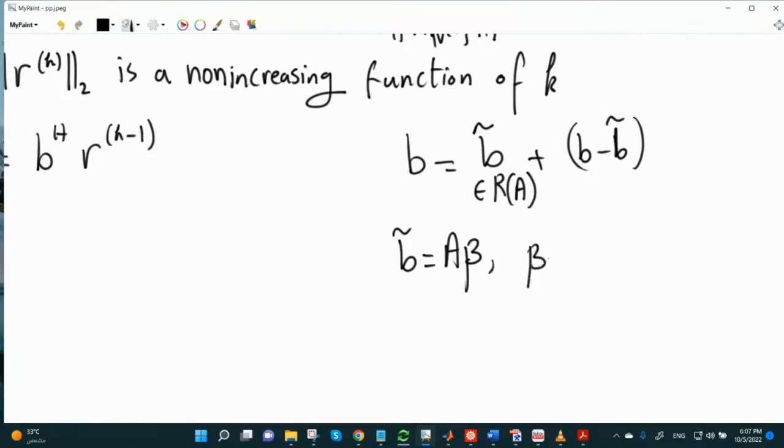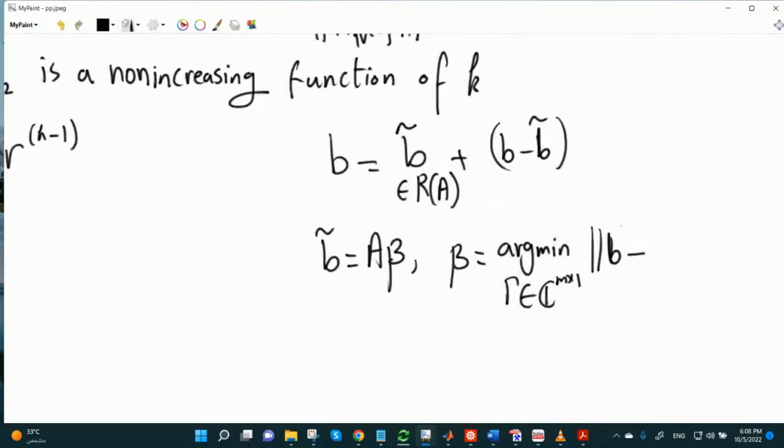And what is beta? Beta is the minimum, with gamma being m by 1, of B minus A gamma L2 norm squared. What you are doing here is the representation, or the approximation, of the B vector in which you use all columns of A.